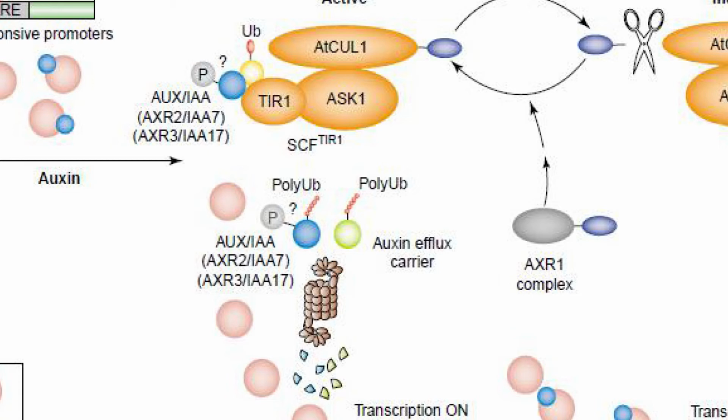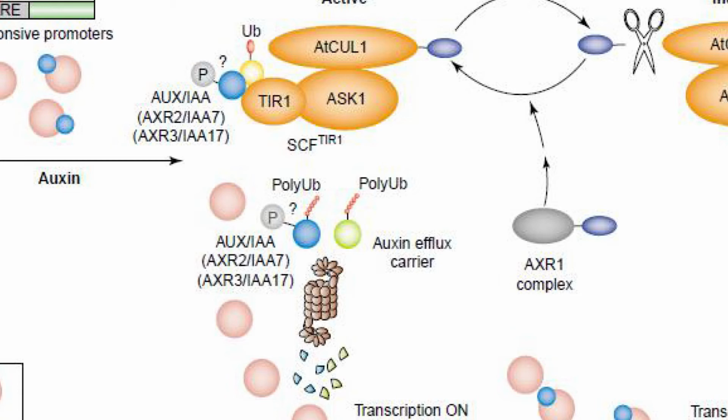Auxin, through an unknown mechanism, that is Aux/IAA protein phosphorylation, perhaps increases the binding of Aux/IAA to the TIR1 subunit of the SCF TIR1 complex, which catalyzes the ubiquitination of Aux/IAA proteins, targeting them for proteasome dependent degradation.